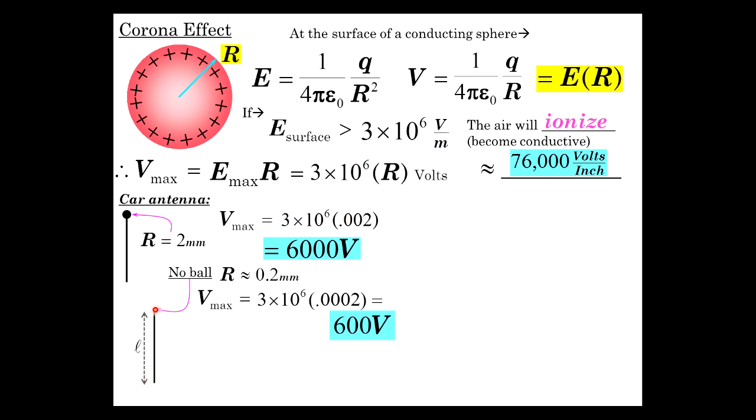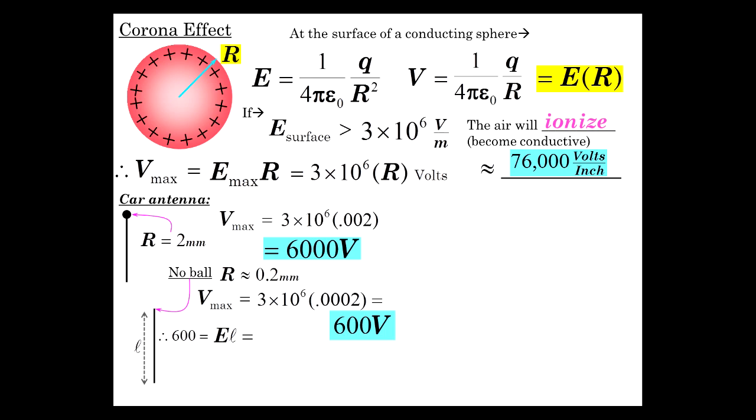So we have this length, and 600 volts is really E times L. The electric field that exists in space from whatever sources, times the length of this wire, will produce a charge separation, which then results in a voltage, a potential at the surface of that little radius. It's probably confusing.